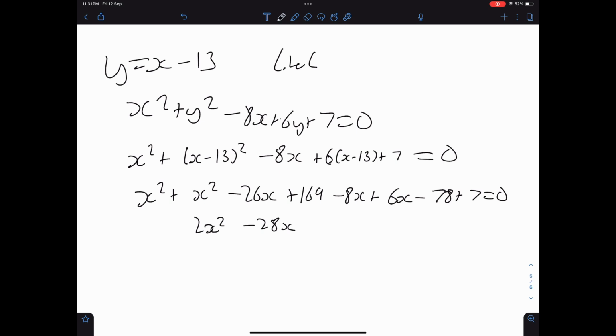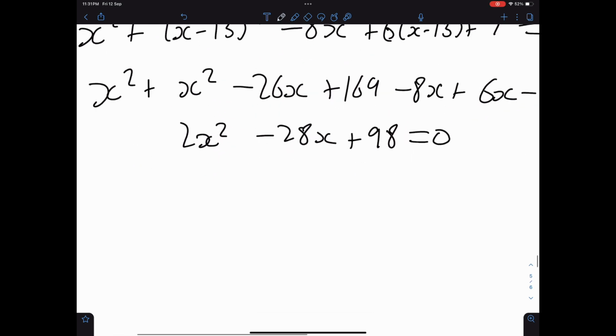Equals 0. And then if we were to do the discriminant, we'd do this. We might as well divide it, just to make it a bit easier.